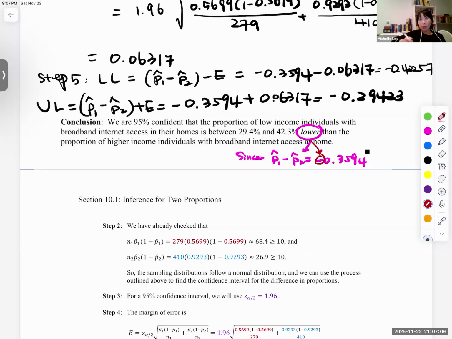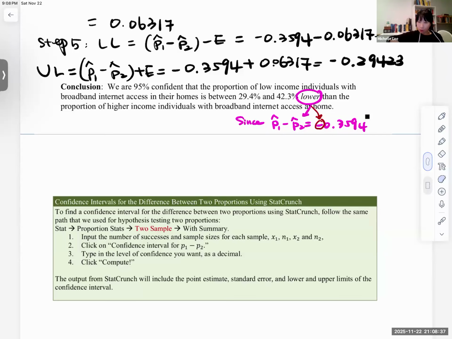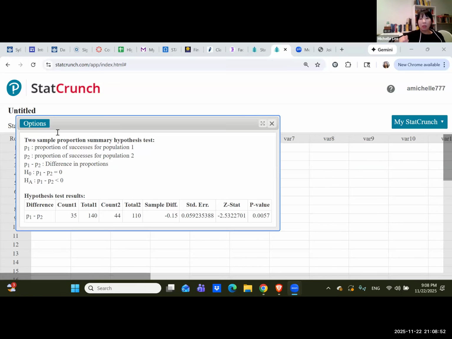Okay. Let me show you StatCrunch, how to do it. All right, so let me share. But this is exactly the same as what we did earlier for the hypothesis test.